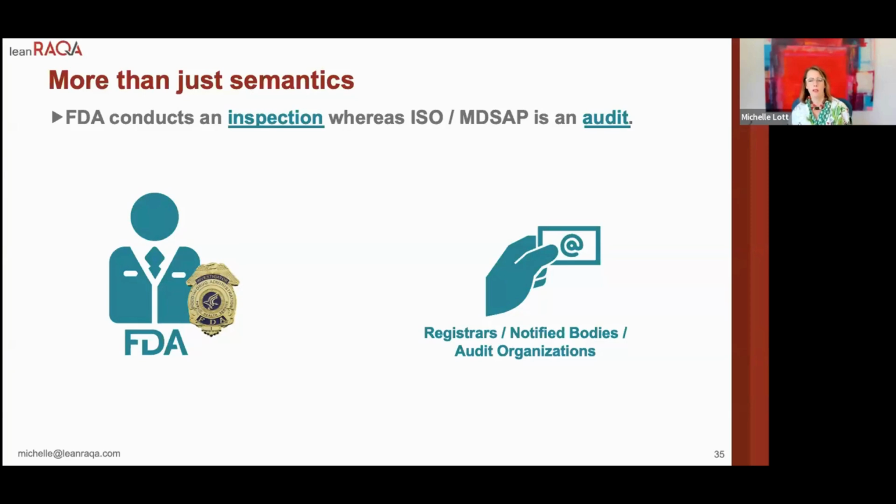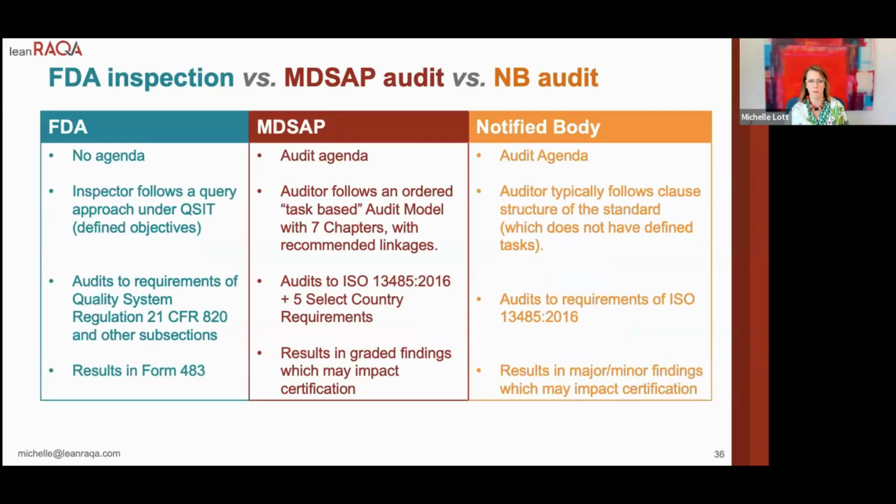In either an ISO or MDSAP audit, these are conducted by registrars, notified bodies, or audit organizations. These are private and for-profit inspections. And so that's important to keep in mind because of course the FDA is the government. They can't charge you for the inspections because supposedly your MDUFA and annual establishment fees are supposed to pay for that.